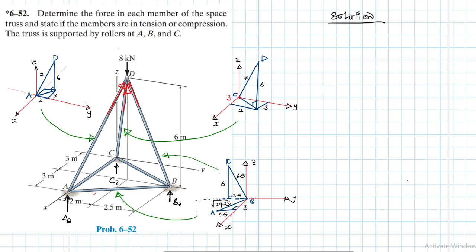Let's say this one is BD, this one is CD, and this one is AD. Of course we expect the compressive forces also on the other end there. Then let's say here we have the tension forces in the other members, like so.